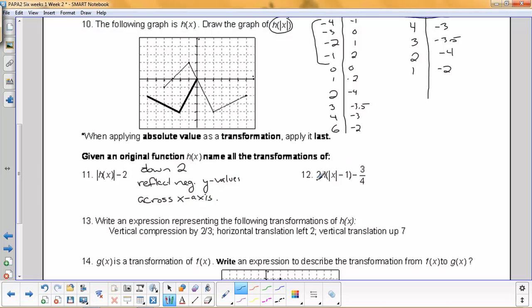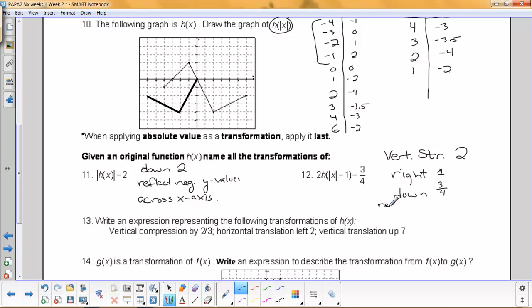Okay? Likewise, we'll start with the first set of transformations, and absolute value will come last. So that is a vertical stretch of 2. That is right 1 because it's inside the parentheses, and that will be down 3/4 of a unit. Okay, finally, the negative x values will be removed, and all positive x values will be reflected across the y-axis.